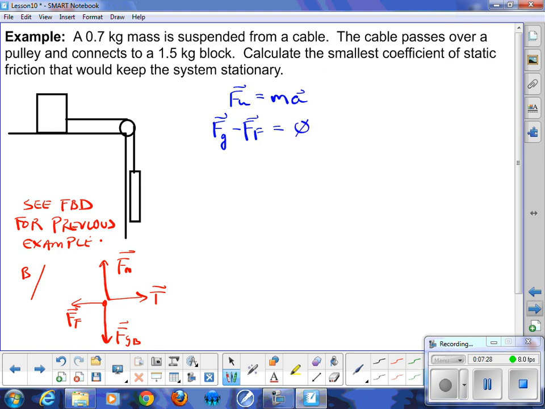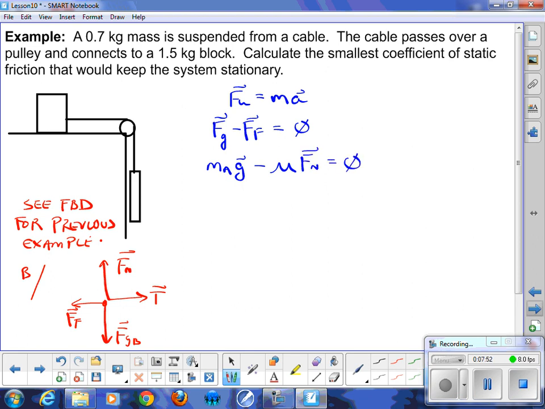So now we can just continue on as I did before, because we want to find that mu. I'm just going to expand this out. So the driving force was the mass of object A multiplied by gravity, minus your friction, remember, is mu times the normal force, so it would be Fn.